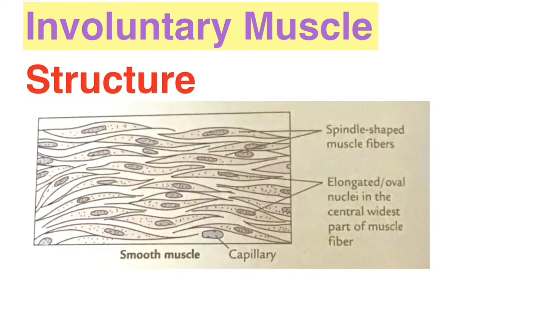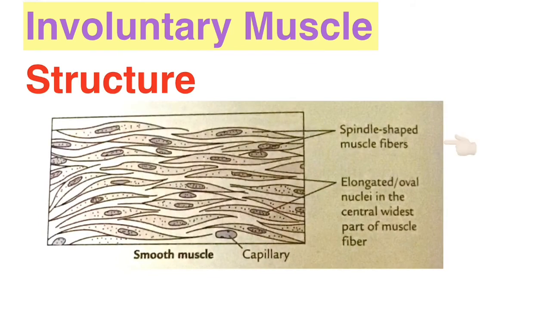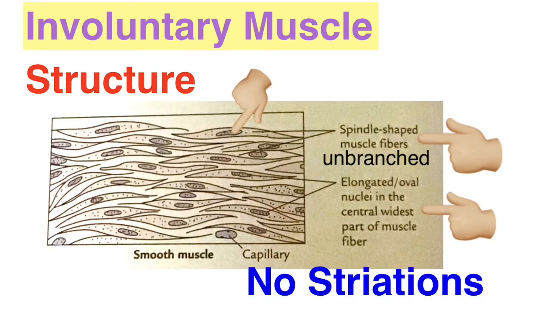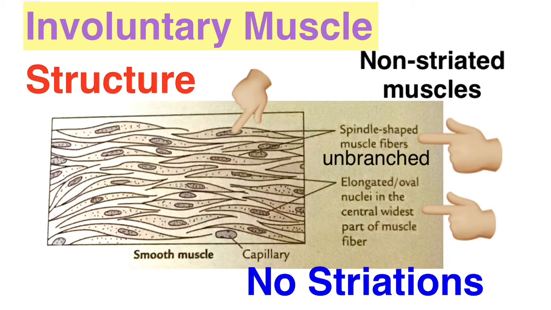Structure of these involuntary muscles. The muscle cells are spindle-shaped. Muscle cells are unbranched. Each cell contains only one nucleus, which is present at the center of the cell. No striations are present in this type of muscle. As the involuntary muscles do not have any striations, they are also called as non-striated muscles.